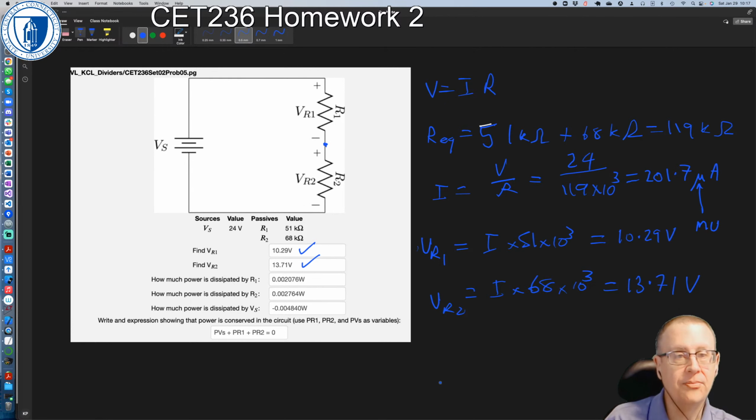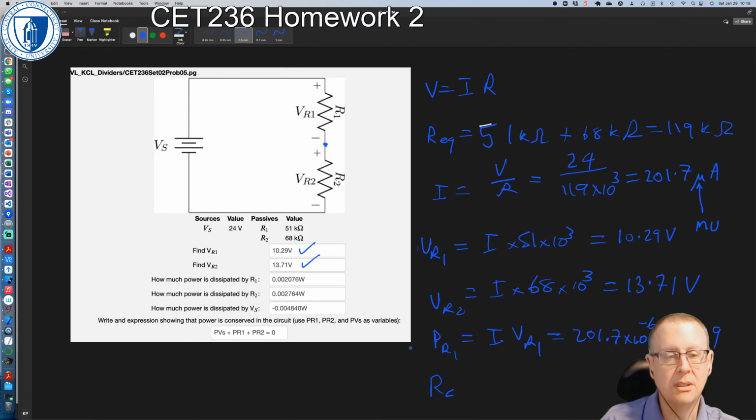Right, so PR1 is equal to I times VR1, which is equal to 201.7 by 10 to the minus 6 times 10.29, and PR2 is equal to I times VR2, which is again 201.7 by 10 to the minus 6, and this time times 13.71.